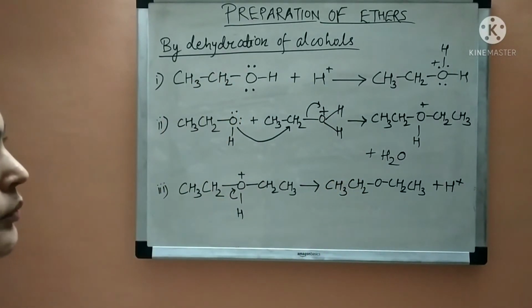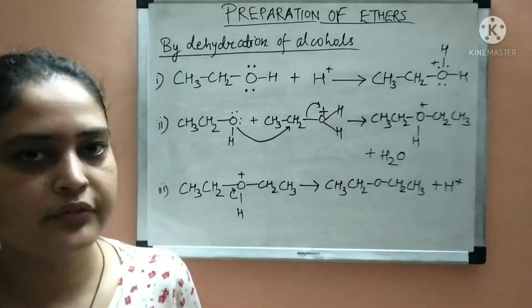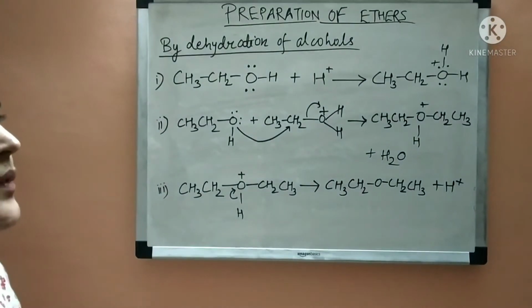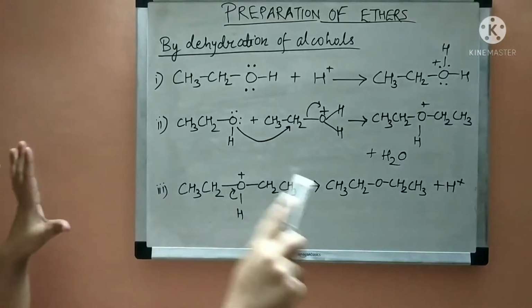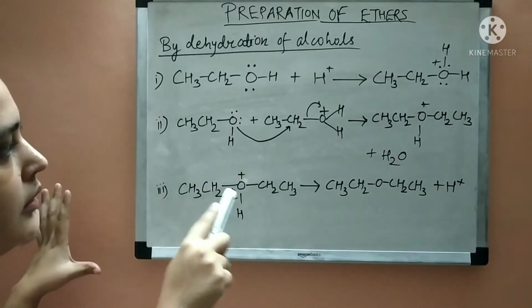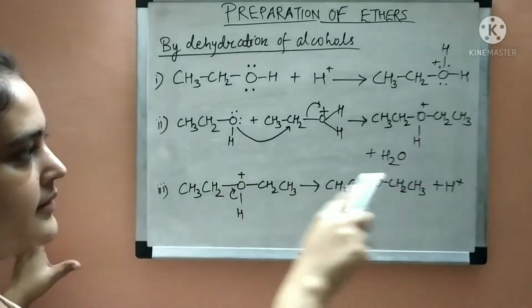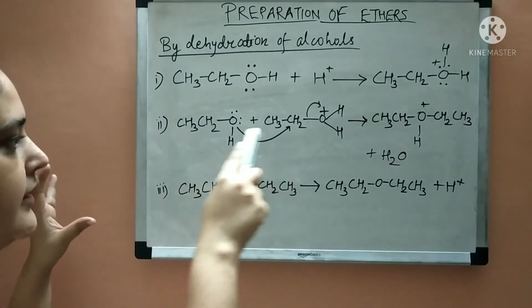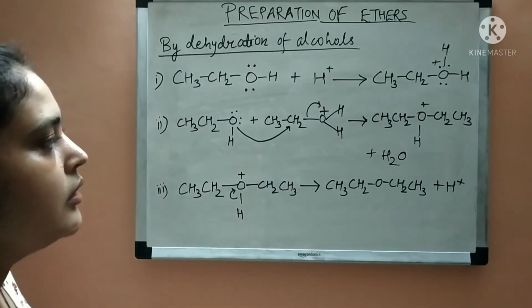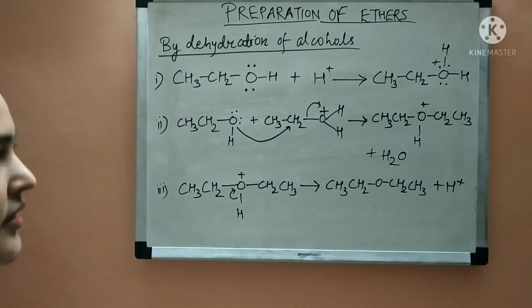And one thing more, in the SN2 mechanism, if you remember, there should not be steric hindrance because it is a concerted mechanism. It occurs in only one step, simultaneously. So the nucleophile attacks and the leaving group leaves. So there should not be steric hindrance here.